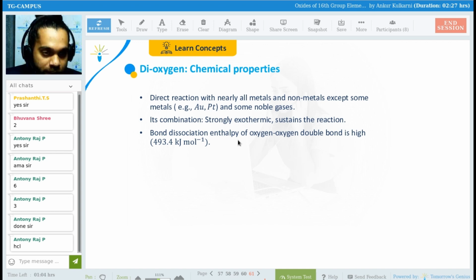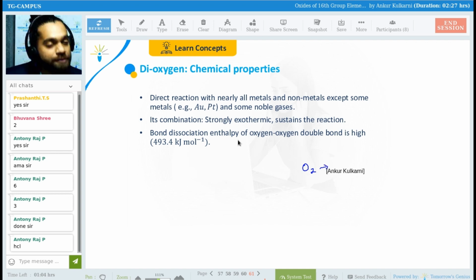Yeah, tell me. Prashansi, Rajna, Rahul, Gopinath, Bhuvneshri. Solubility of oxygen in water at room temperature, high or low? First of all, oxygen is not highly polar.